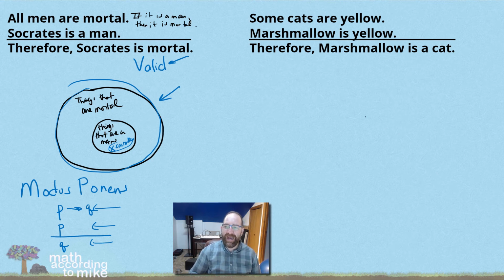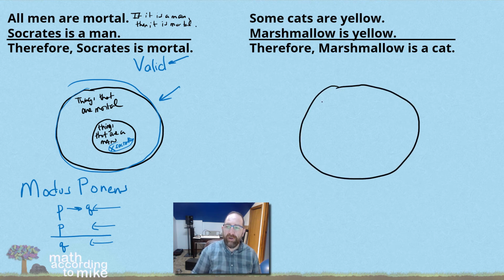So as far as the outside circle, that would be things that are yellow. And how we deal with some cats, well, we draw it partially covering the other circle. So this would be things that are cats.